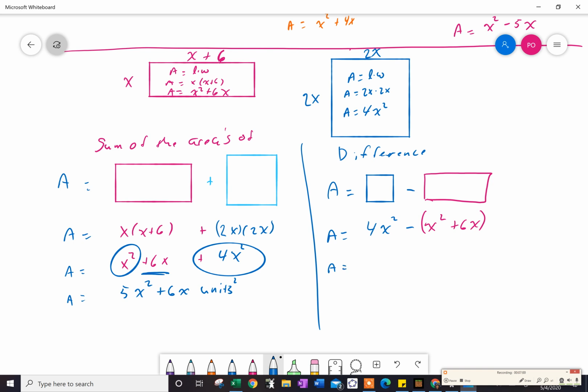So area is equal to 4x squared minus x squared, and I'm taking away that x squared, but I'm also taking away this 6x, so it has to be minus 6x. And now I get area equals 4x squared minus x squared gives me 3x squared, but I also had to remember to take away that 6x. That's why that is a negative 6x. And it's units squared. And that's it.